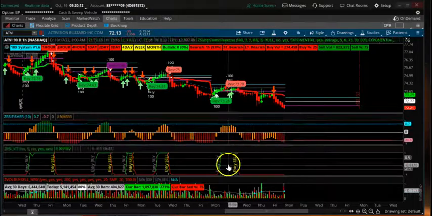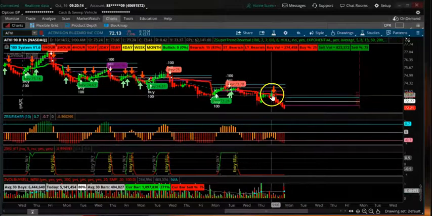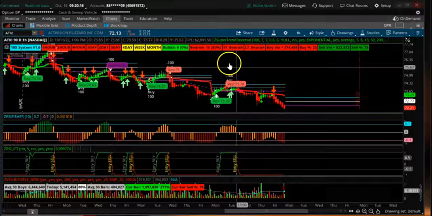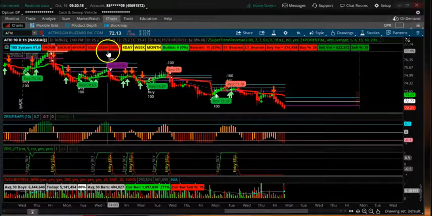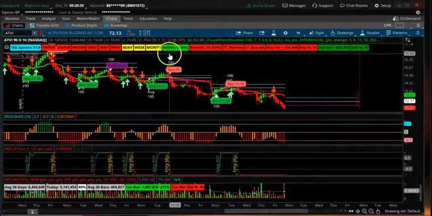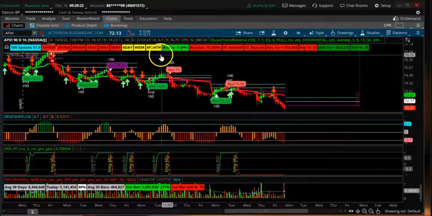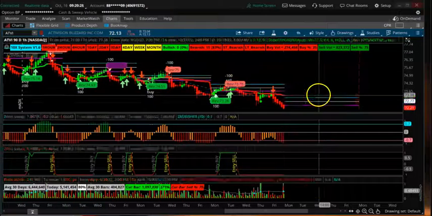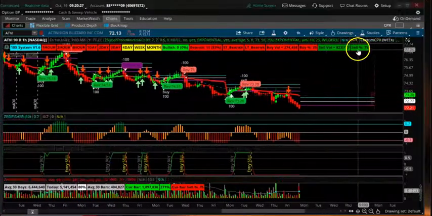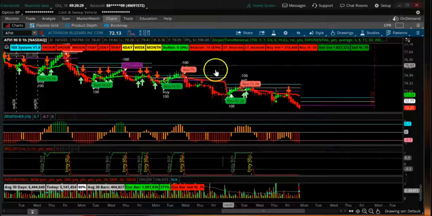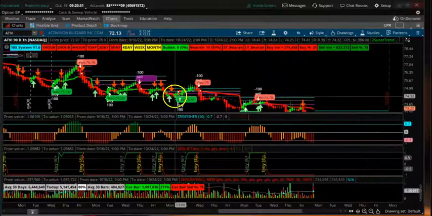Negative volume is very high. See RSI down, the indicator is down here. All time frames are negative. Sell percentage is 75, buy percentage is 25. So this is clearly a bearish trend.